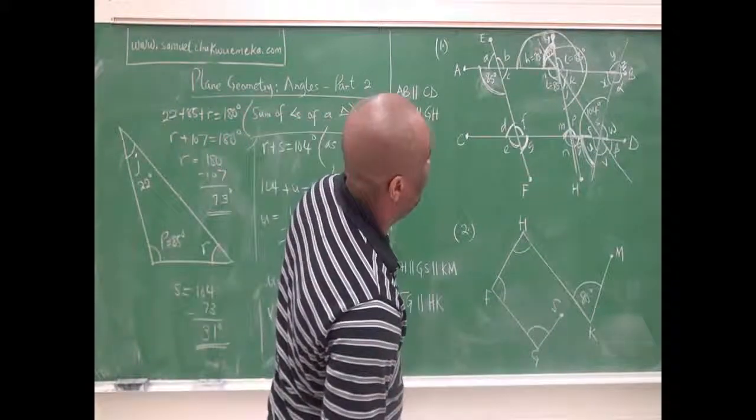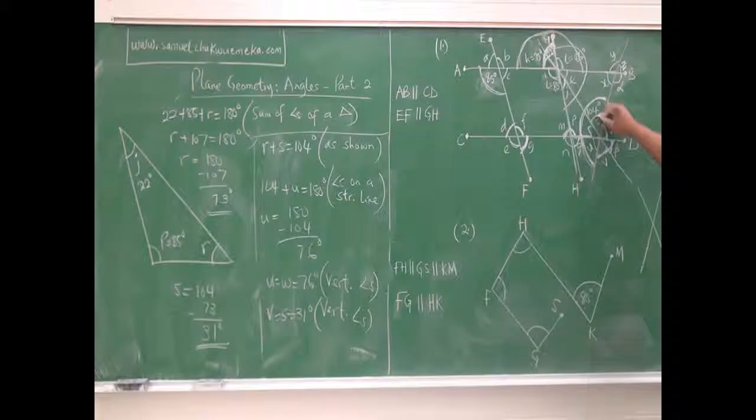Okay? V and S, W and U, then R and beta. Right? So everything here should give you 180.